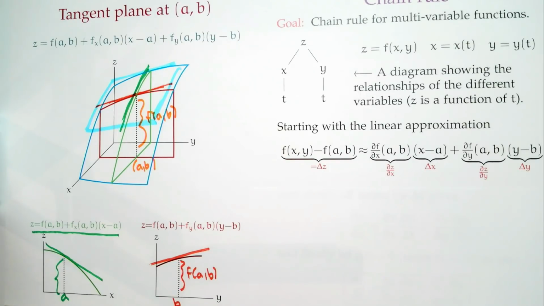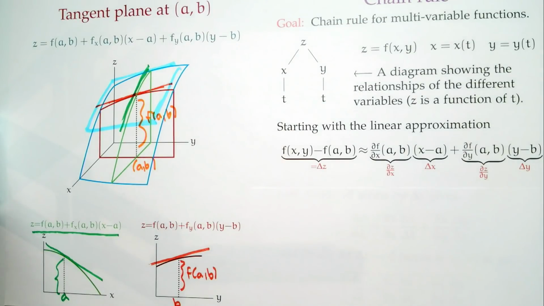Well, it's the z, because z is f of x y. So this is the change in z. Every time you see a capital delta, think it means change. Partial f partial x is just a way of saying, how does z change with x? So partial z partial x times x minus a is my change in x. Partial f partial y, I can call partial z partial y. And y minus b is delta y.